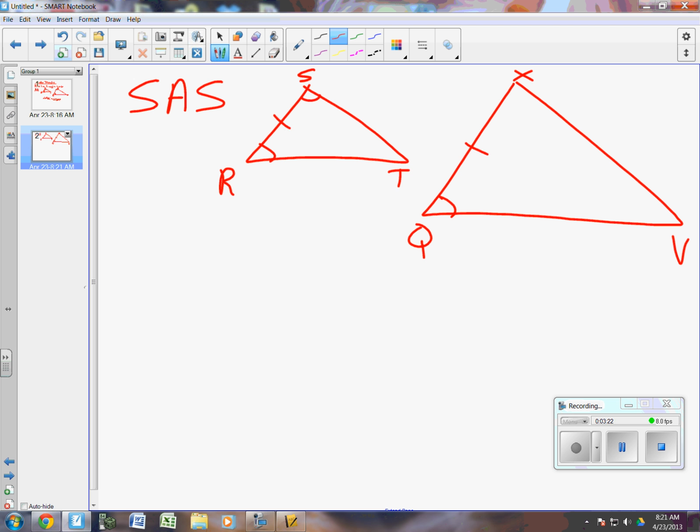And angle S congruent to angle X. Oh, wait. I'm sorry. That is angle side angle. Let's back up. And not only that, I don't need the sides to be congruent. I need them to be proportional, right? I'm getting a little ahead of myself. Okay.